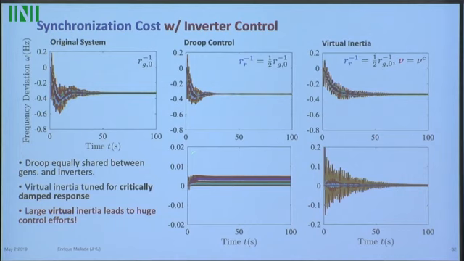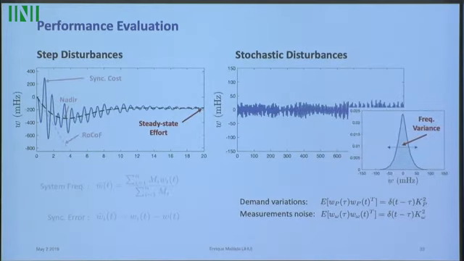This is an order of magnitude larger than here. But notice that I tuned this so that the system response is critically damped. You could argue that this is probably too much, but I'm going to argue that I can do something very similar to this and get a response that is essentially critically damped. I'm going to go through that in a second.